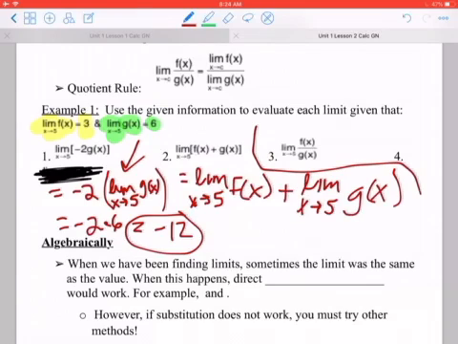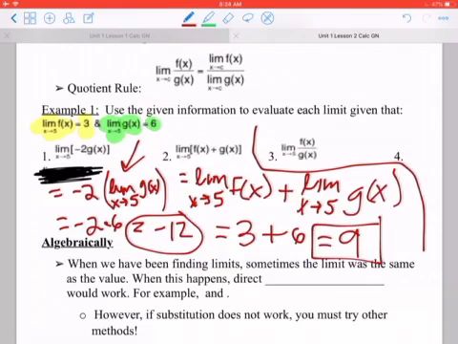Okay, for number 2. Alright, and those are both given to us. So we have 3 plus 6, and that will give us 9 for number 2. Okay, so this is just a very simplified way of expanding the rules so you understand them.